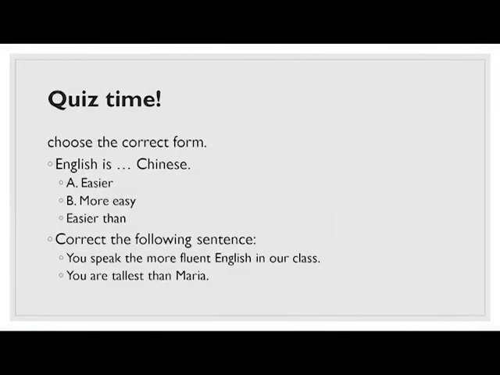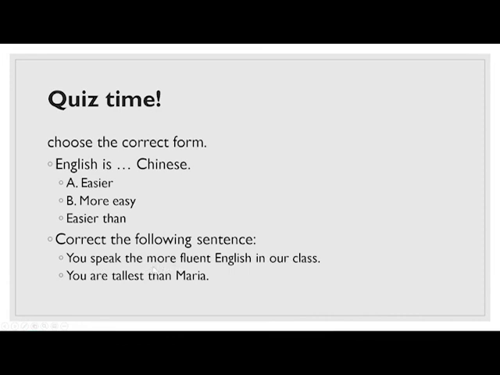And choose the correct form. English is A, easier. B, more easy. And C, easier than Chinese. So English is easier than Chinese. Correct the following sentence. You speak the more fluent English in our class. So the error here is that more is not used correctly here.